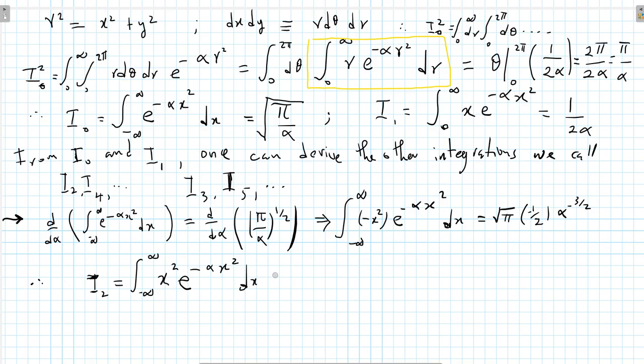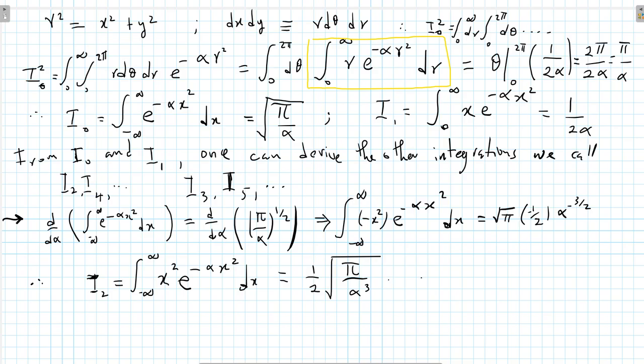This is going to be equal to 1 over 2 times the square root of pi divided by alpha cubed. So you can see nicely you get I2 this way.